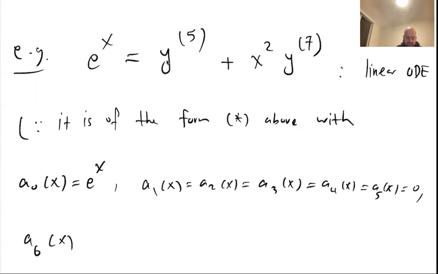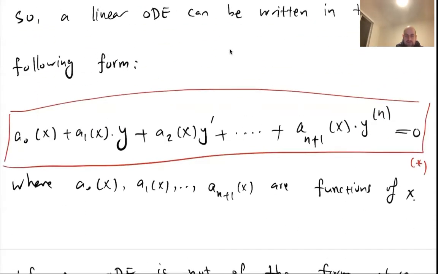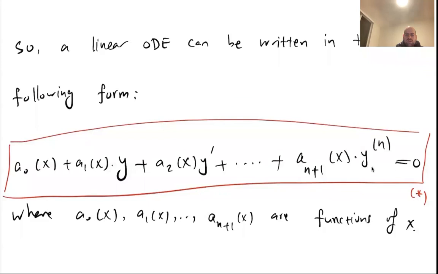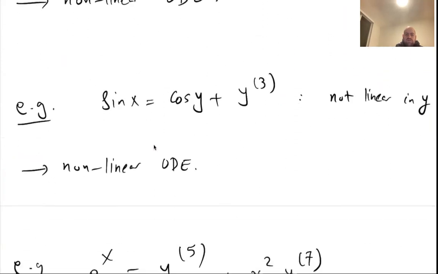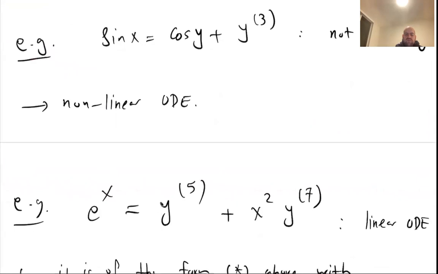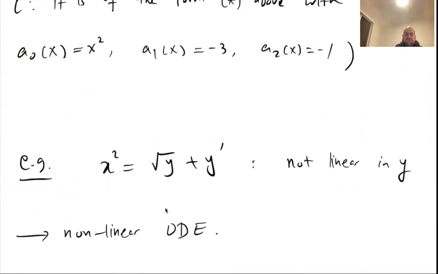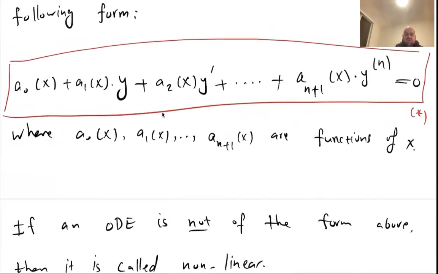a6 of x is -1, because if I take this one to the other side, I want one side to be 0. Remember that this is the star form, equation star. One side is 0, so I have to take everything to one side. Then this becomes minus y fifth derivative. What is the coefficient of y fifth derivative? Again, please remember, the coefficient of y first derivative is a2. The coefficient of y second derivative is a3. And continuing this way, the coefficient of y fifth derivative is a6.